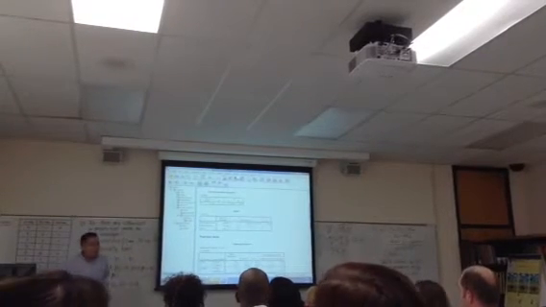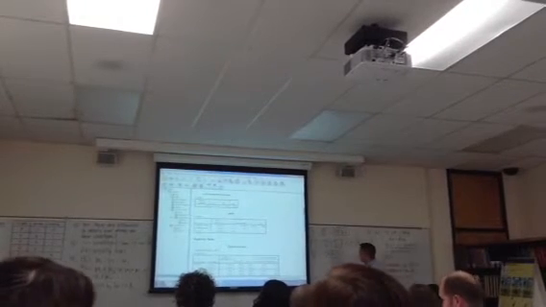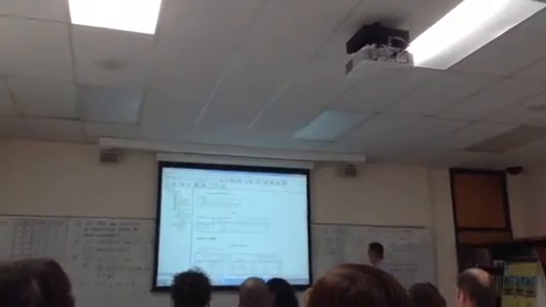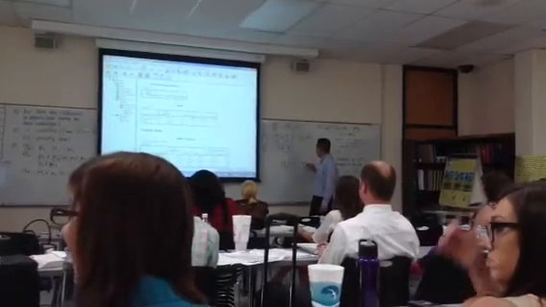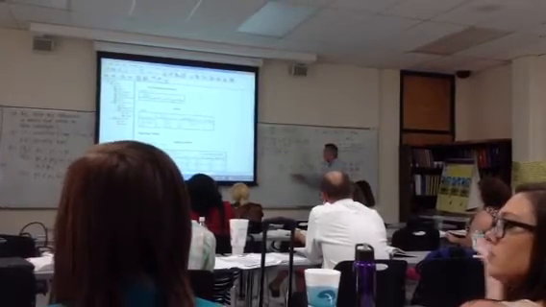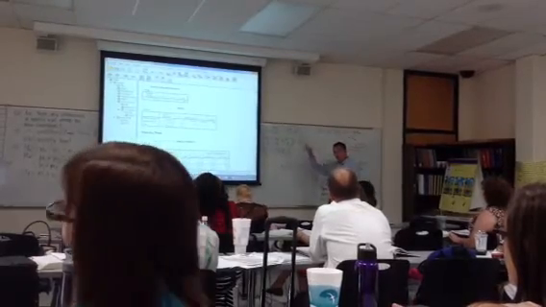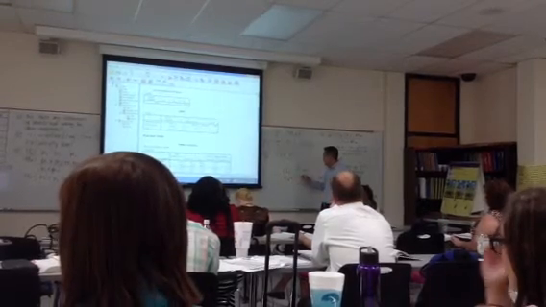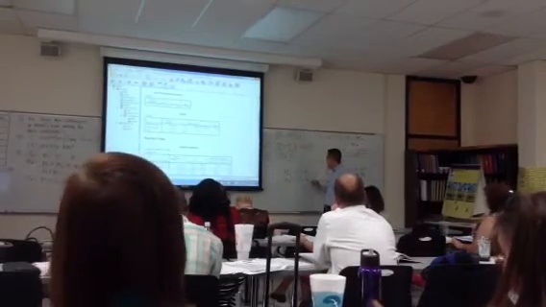Remember, the assumption is stating that the variances are equal. So the null hypothesis is saying that the three variances are equal. Right? We have to meet this assumption before we can do the ANOVA. The alternate hypothesis is stating that the variance of one of these is not equal to the variance of another.